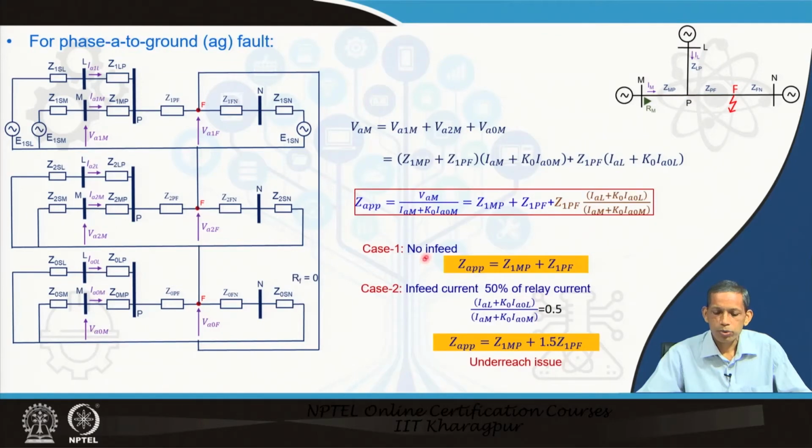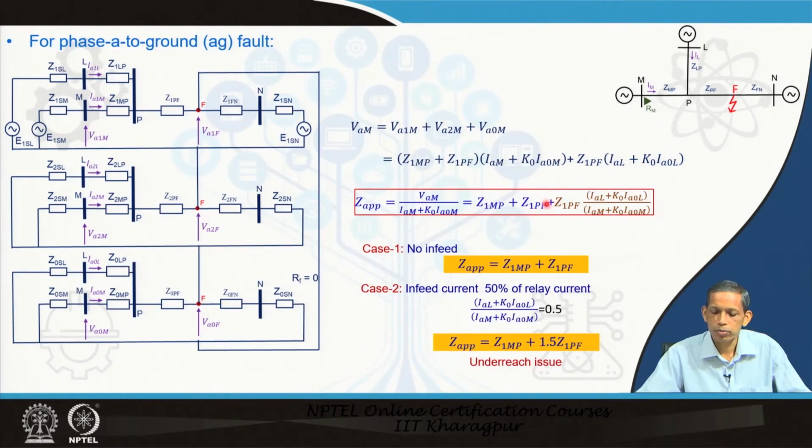And if you move further, the Vm expression we got is in terms of this k naught. Now, if we calculate the Z apparent for this relay for this phase A to ground fault, it is Vm upon Im plus k naught I naught m. If we divide by this term, this becomes equal to Z1MP plus Z1PF.